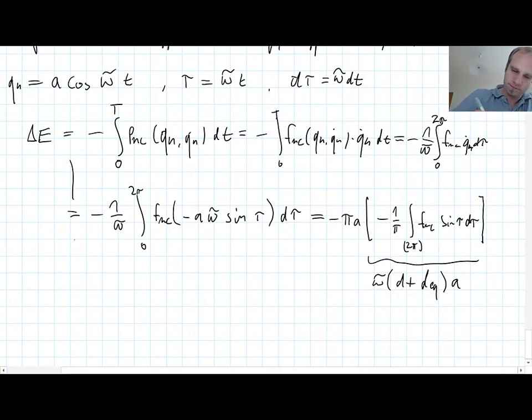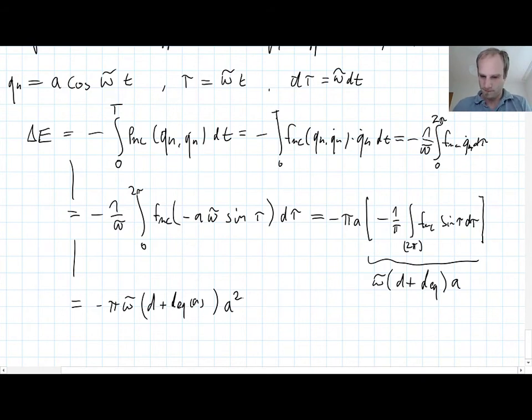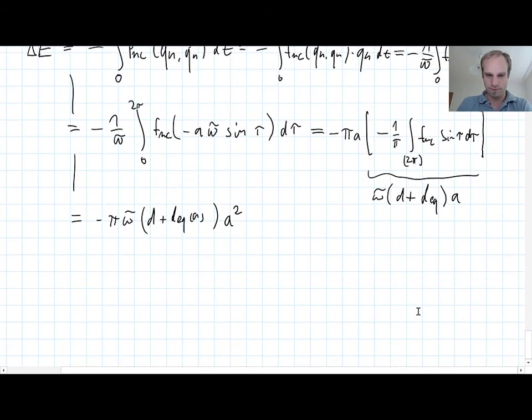So this here can finally be written as this. Okay, so this is the expression for the increase of energy over one cycle of oscillation.